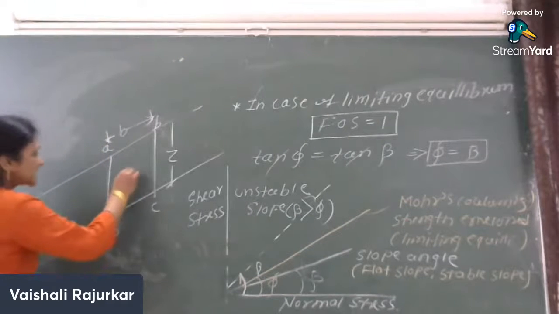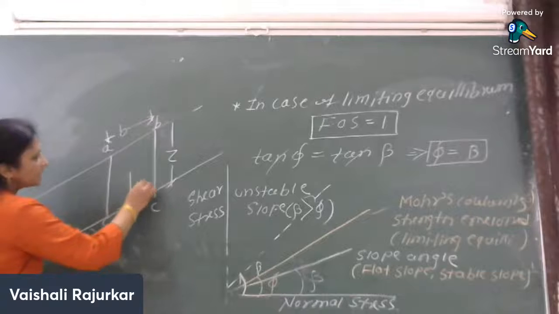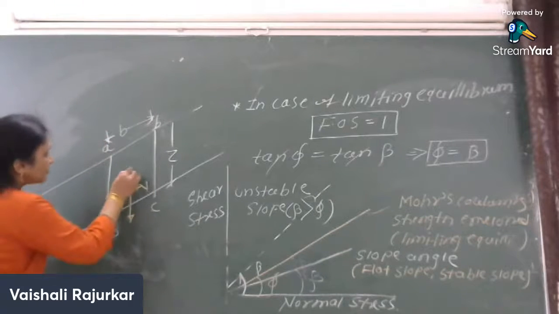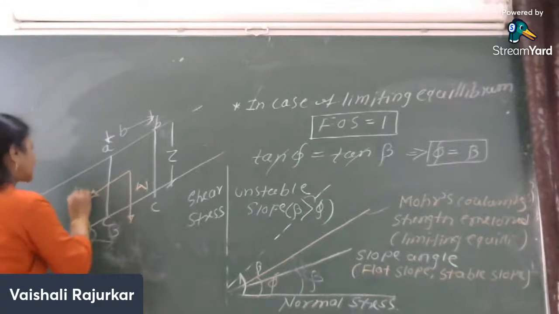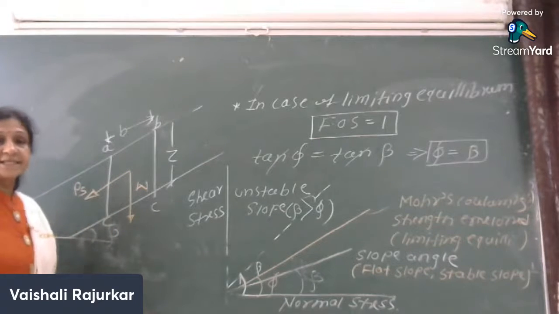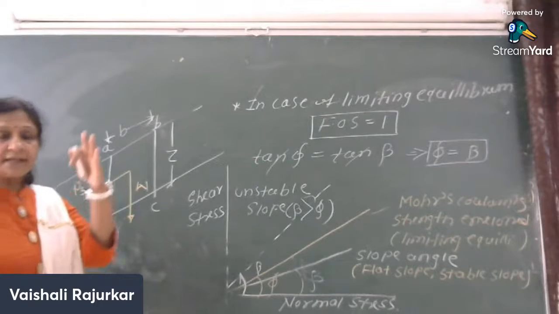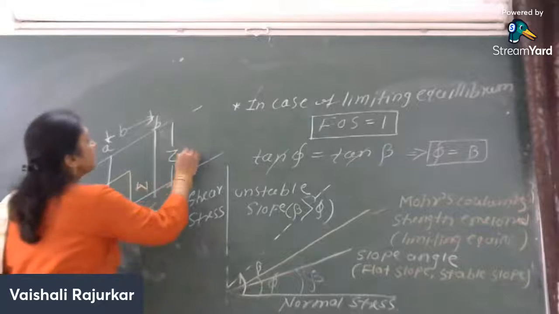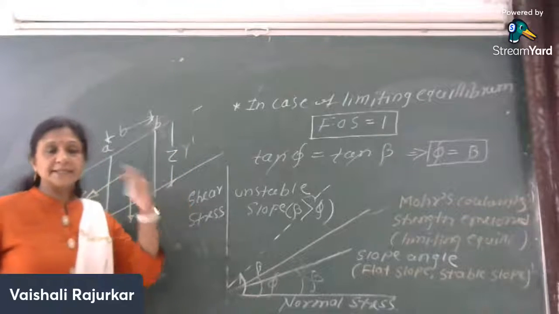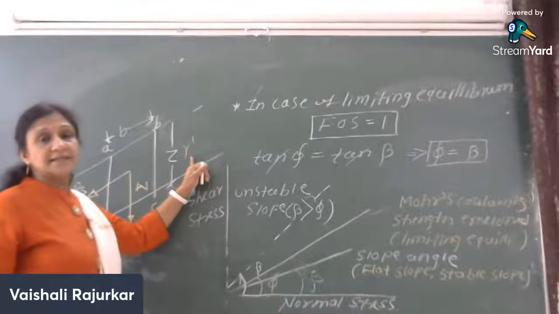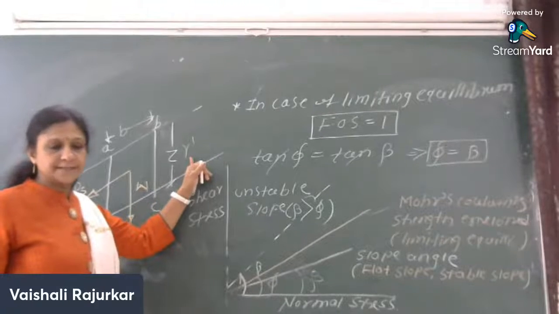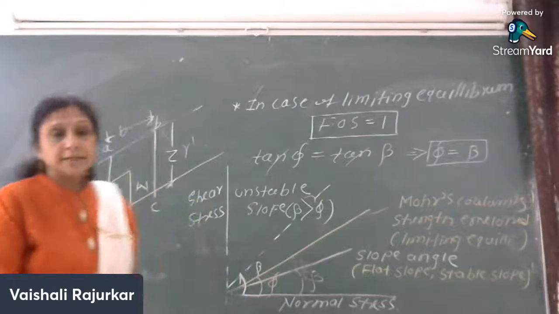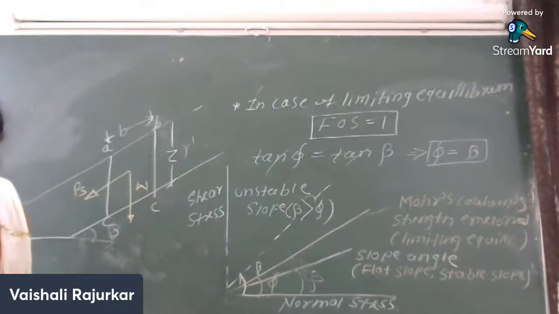So here, this is W, the weight component of the soil, acting vertically downward, and the other force considered is the seepage force, acting in the direction of the slope. Because the soil is in a submerged condition, the density is considered to be the submerged density. Okay. So here we will consider the water table to be at the top.